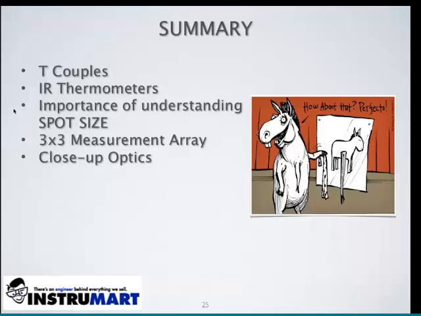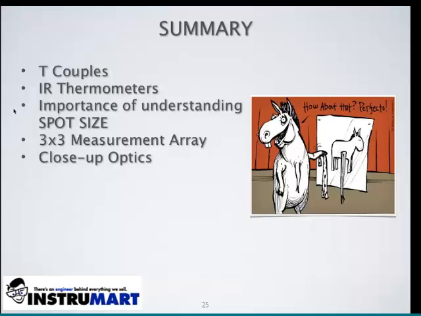With regards to the infrared cameras, we saw that we can resolve some fairly small targets. However, it's very important to understand what the spot size is for your particular lens and camera combination, and that the spot size differs or changes depending upon distance.